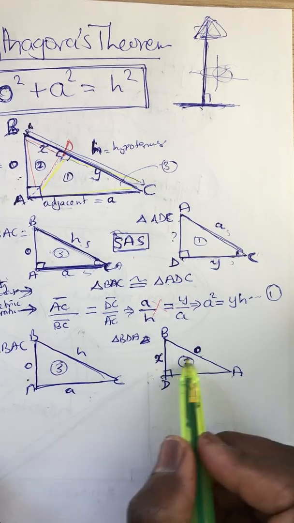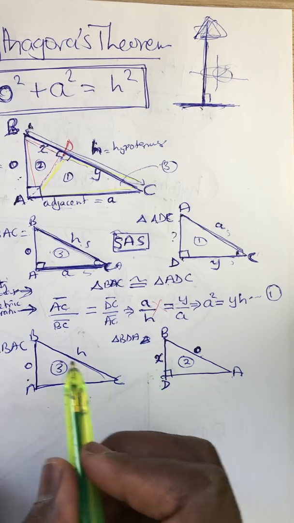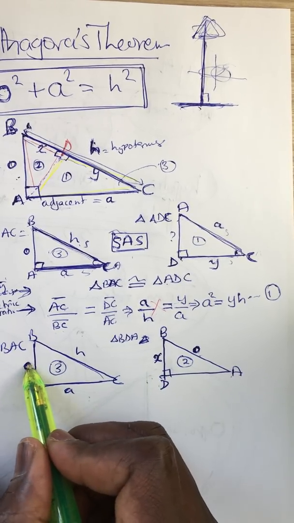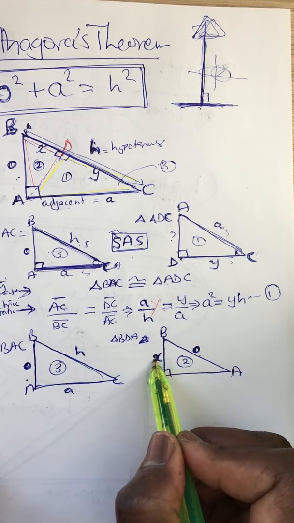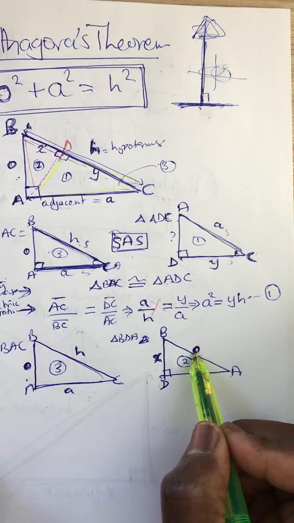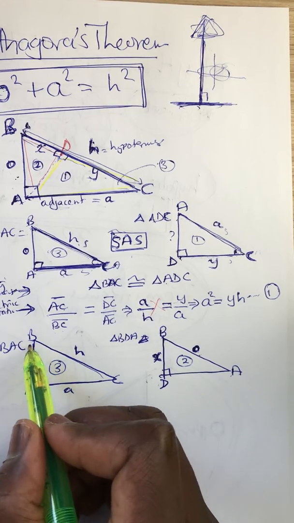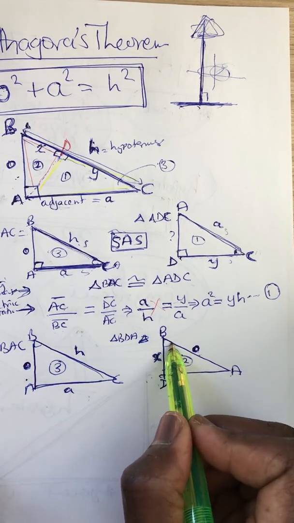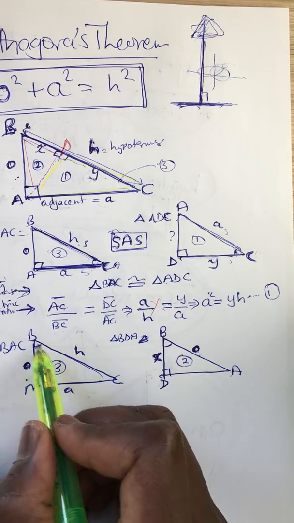So those are the sides we are going to use to assess their similarity and congruency. The opposite side is X on the other one, and the hypotenuse side is there. So we have two sides, and those two sides actually meet at the apex at B.